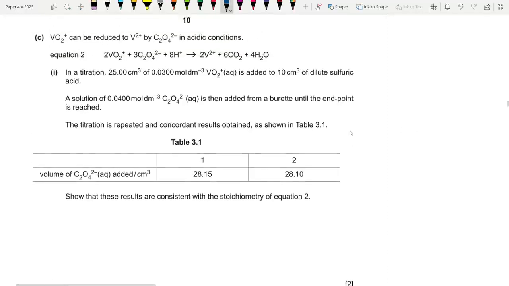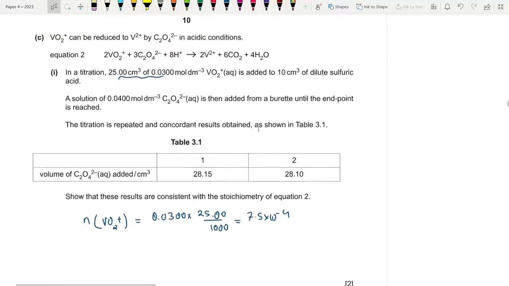Alright, let's do this. Let's find out the moles of VO2+. Concentration times volume in dm³. 0.025 times 0.03 gives you a value of 7.5 × 10^-4.